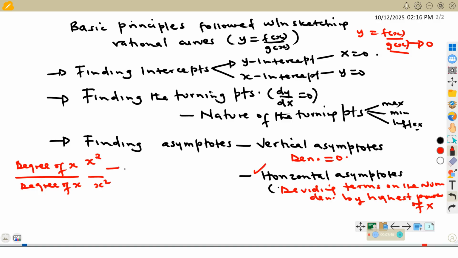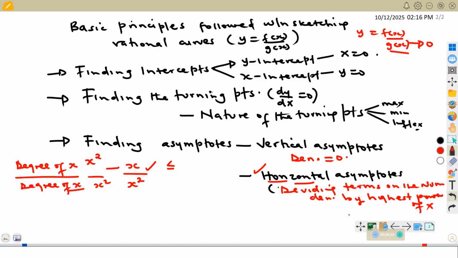Also, if you have x in the numerator and x squared in the denominator, such a function will also have a horizontal asymptote. In other words, the degree of x in the numerator must be less than or equal to the degree of x in the denominator. If they are equal, you expect to have the horizontal asymptote. If it is less, you also expect to have the horizontal asymptote.